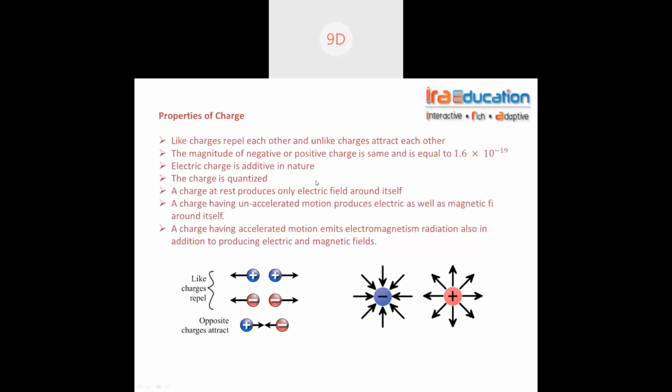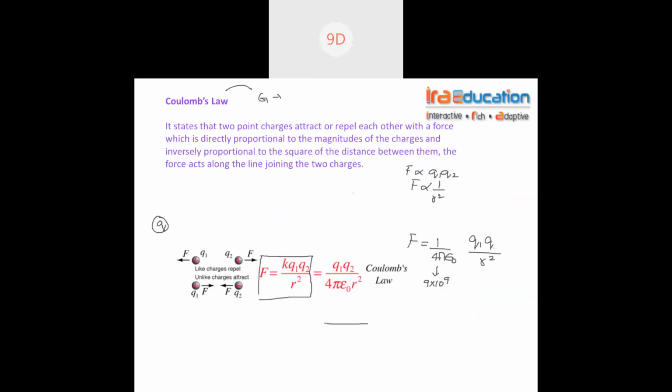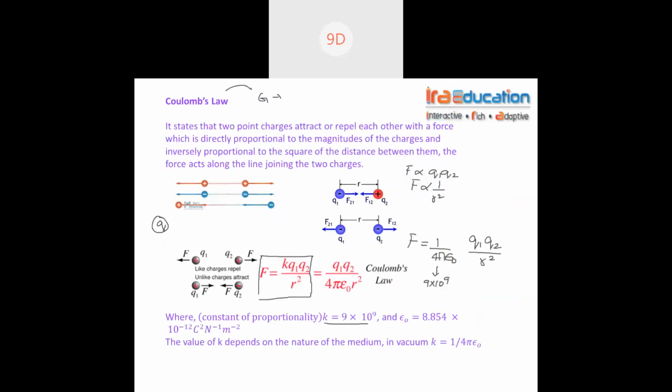So this is the imaginary electric field around the charge. For a negative charge you have the field coming towards the charge, and for a positive charge you have it going away from the charge, right? So here also, that's what we are assuming. If there is a charge, then an electric field is around the charge. Depending on the nature of the charge, whether it's positive or negative, the kind of field will develop.